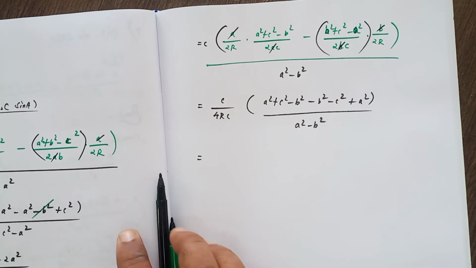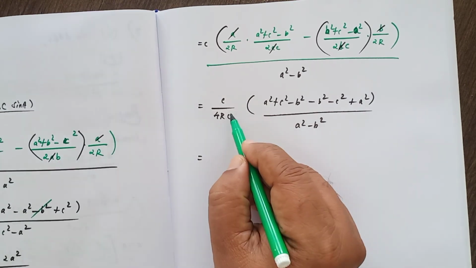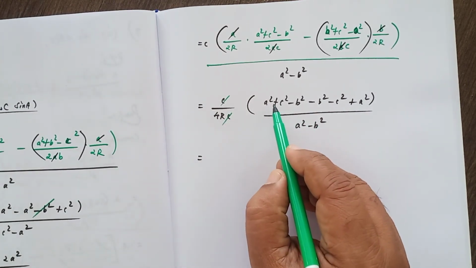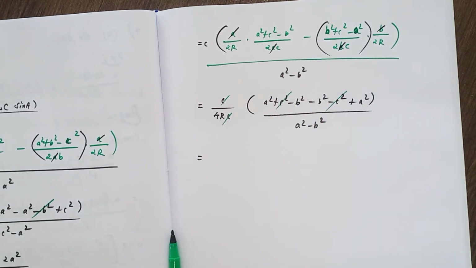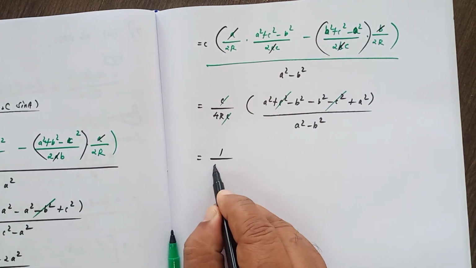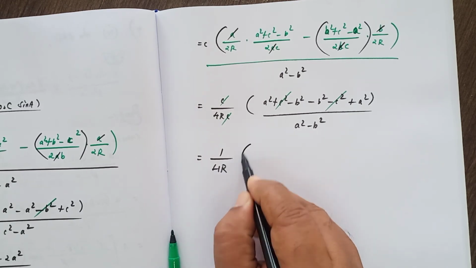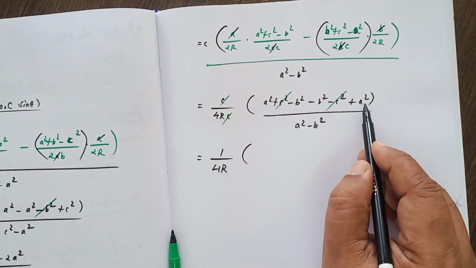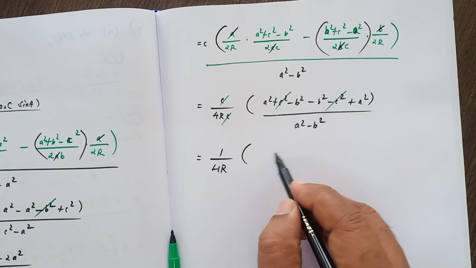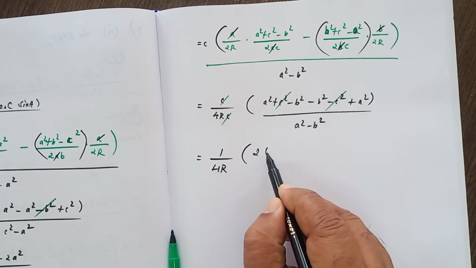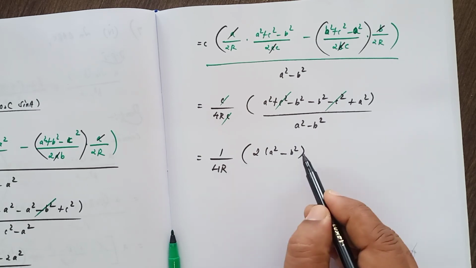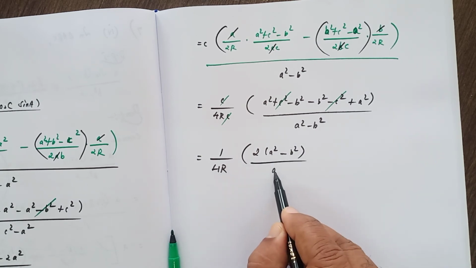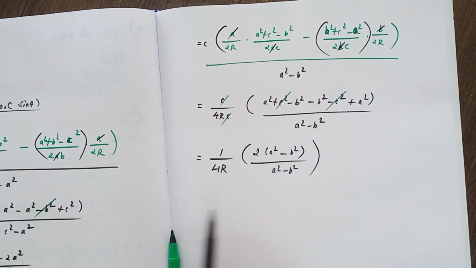That is equal to, can cancel C here, C get cancelled, then plus C squared minus C squared get cancelled. So that is equal to 1 divided by 4R into A square plus A square, 2A square minus 2B square, 2 into A square minus B square, I have taken 2 directly common, divided by A square minus B square.